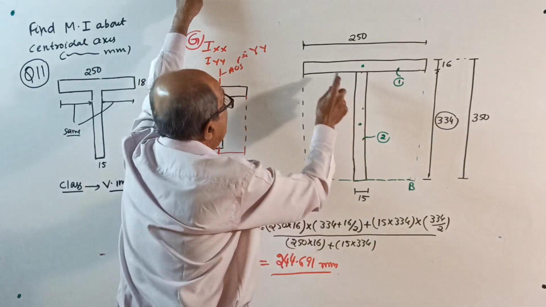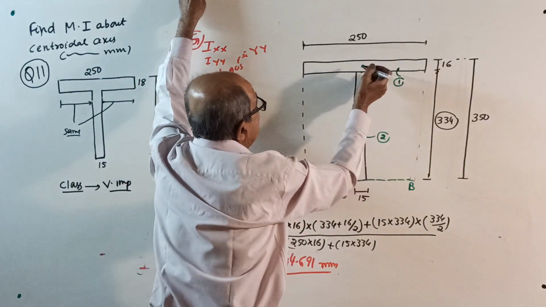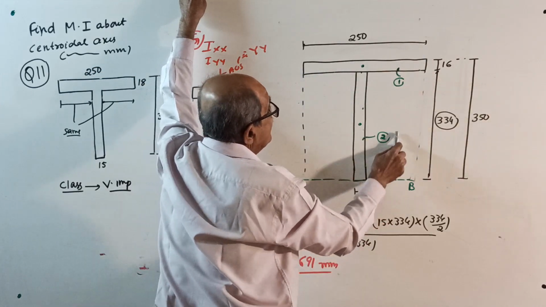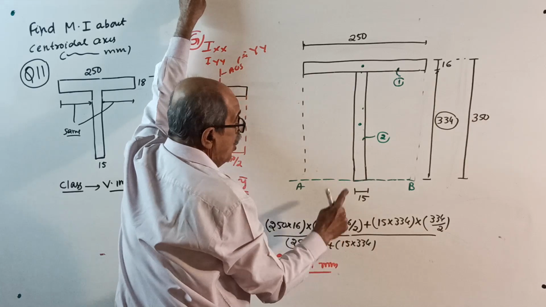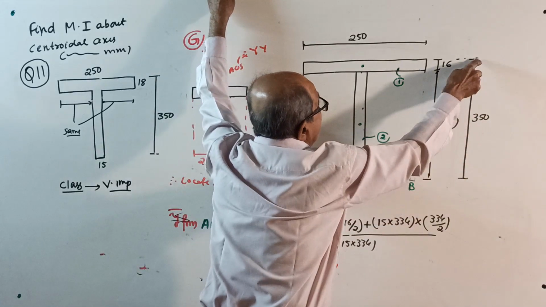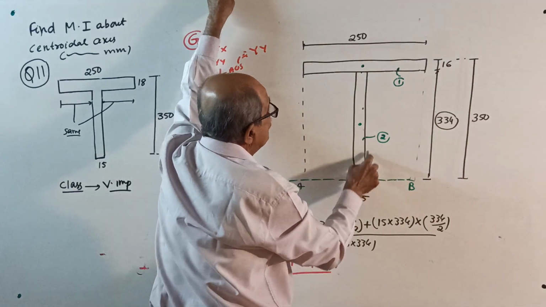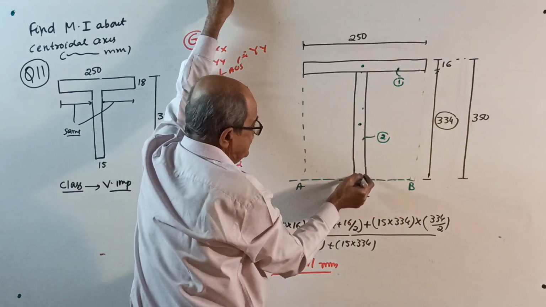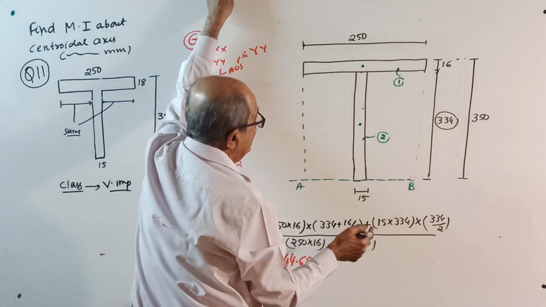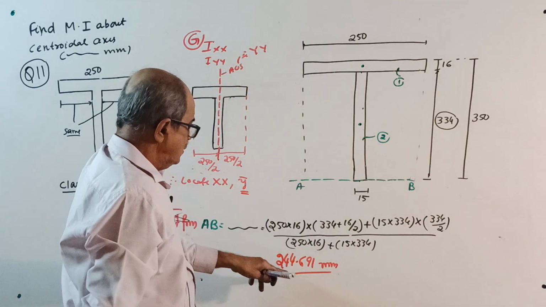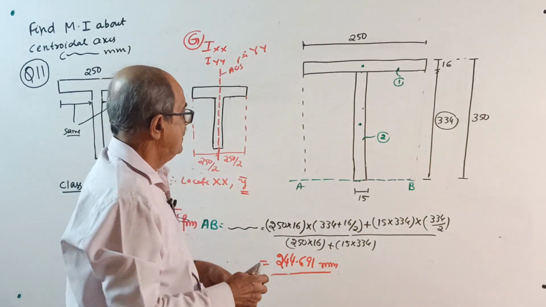Write the formula: 250 by 16 into 334 plus 16 by 2, or 350 minus 16 by 2, plus 15 into 334, area into this distance, divided by the total area. You get Y bar equal to 244.691.